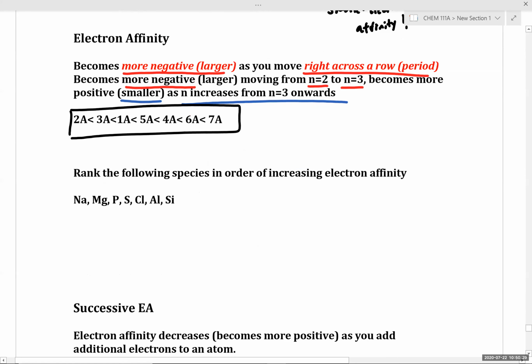So let's take a moment and rank the following atoms in order of increasing electron affinity. Let's take about 3 to 4 minutes, and I'd like to see a few rankings in the chat, and then we'll discuss momentarily.